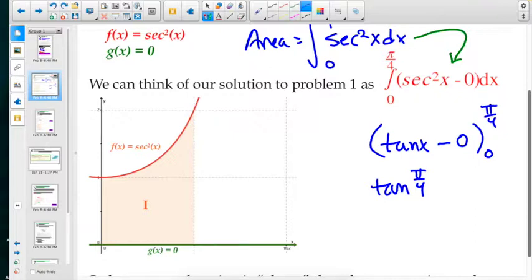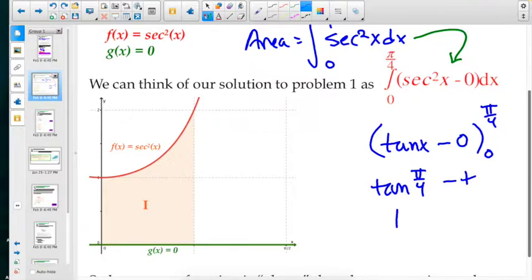What's our gut feeling? 1, right? Tangent of pi over 4 is that 45-degree line. And think about tangent. Tangent is nothing more than slope. What's the slope of that line? 45 degrees. It goes up and over the same amount? 1, exactly. So tangent of pi over 4 must be 1.